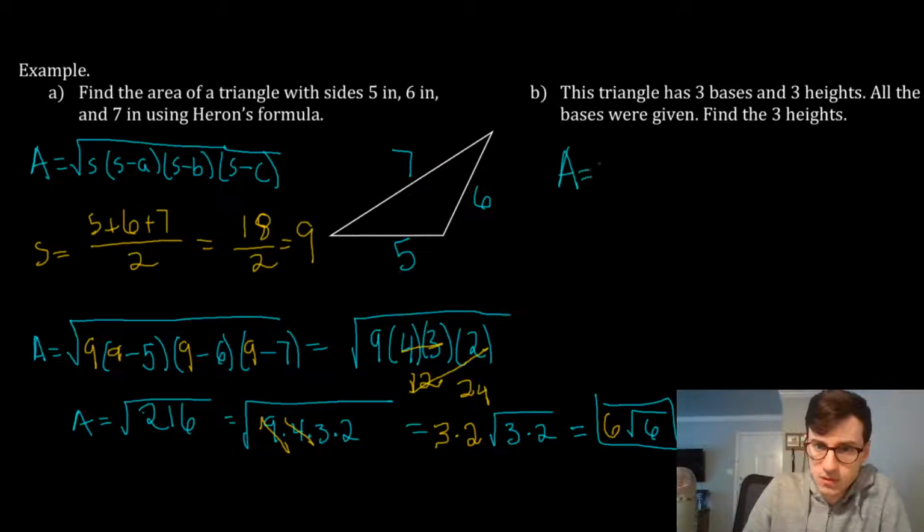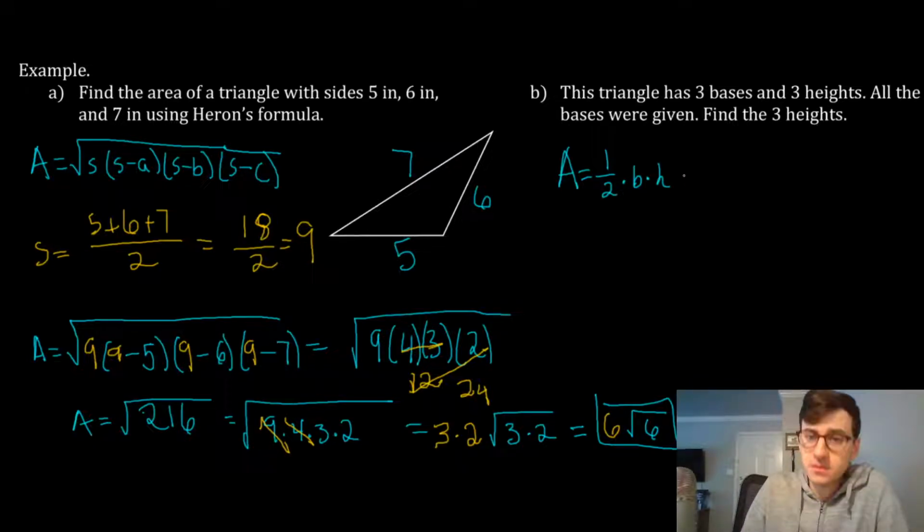Now that we know the area, we can use our original formula for a triangle. Area is 1/2 times the base times the height. Let's go ahead and solve for height here, because that's what we're trying to find. If I multiply both sides by 2, then we have 2 times the area equals base times height.